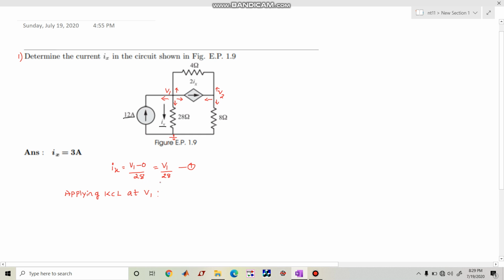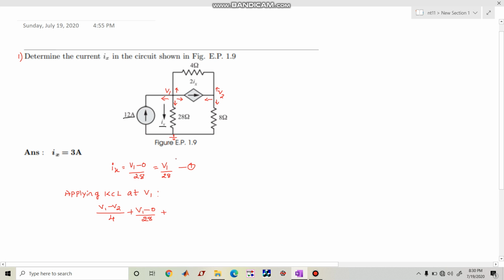Now applying KCL at V1, assuming all the currents going out from this node, what I can write is, for this element, the 4 ohm, V1 minus V2 divided by 4. It is voltage by resistance that is your current, right? And for this resistance, we have V1 minus 0 by 28, which is another current.